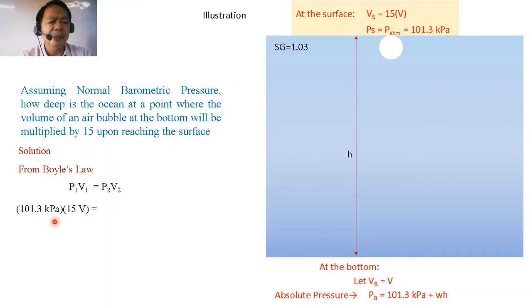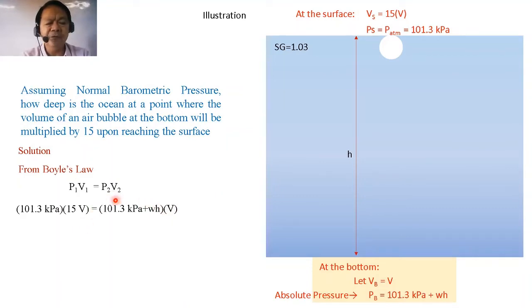So we shall be using here 101.3 being the pressure and the volume being equal to 15 times the volume at the bottom shall be equal to the pressure at the bottom, which is 101.3 plus WH, di ba? This becomes 101.3 plus WH multiplied by V, where V is the volume of the bubble at the bottom.